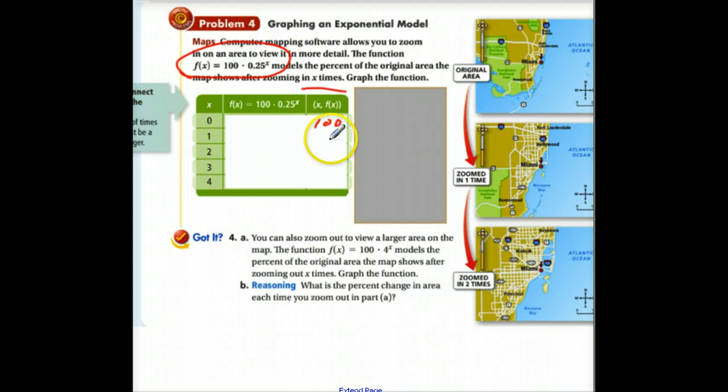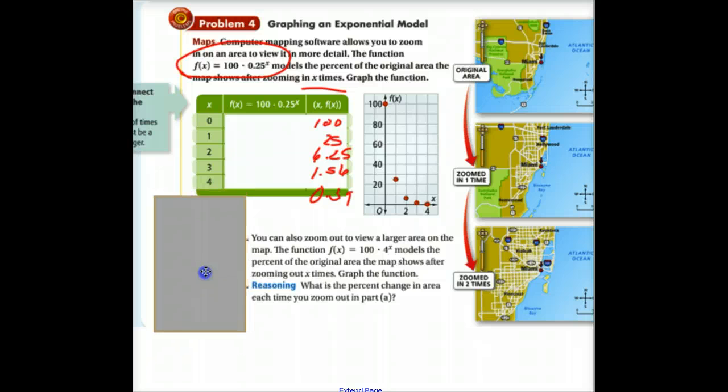I get 100 for y, 25, 6.25, 1.56 when I plug in 3, and finally when I plug in 4, 0.39. So then I graph my x and y values and I get something that looks like this. It'd be a negative exponential function.